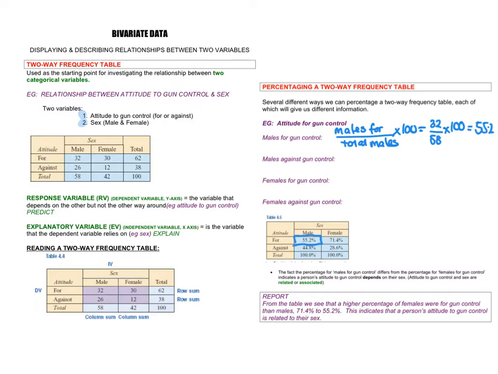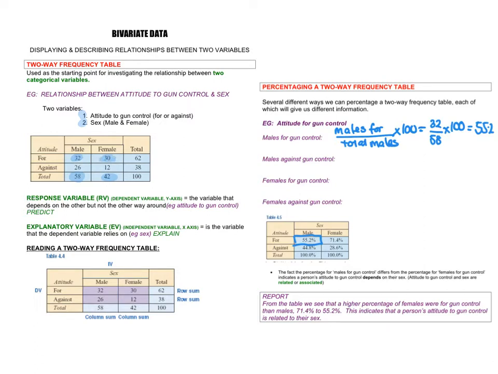We can put it in a frequency table and have a look. Out of a total of 58 men, there were 32 for it, and there were 42 females surveyed, and there were 30 females for gun control.